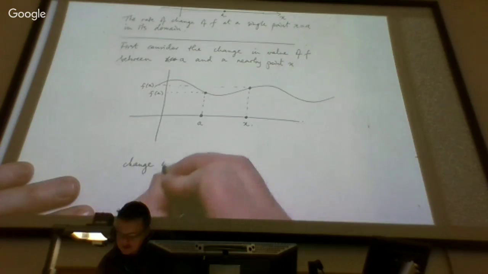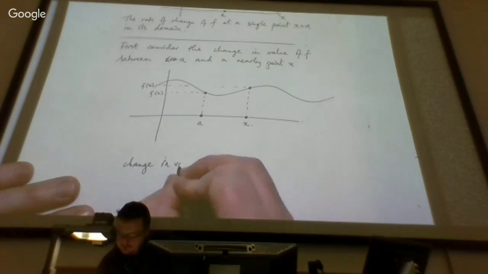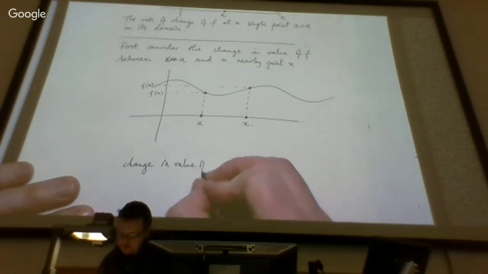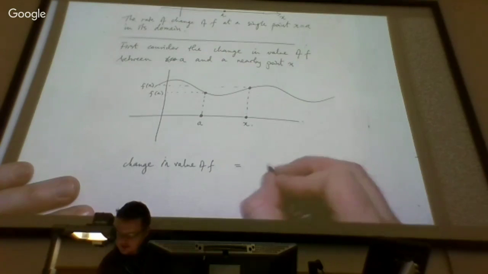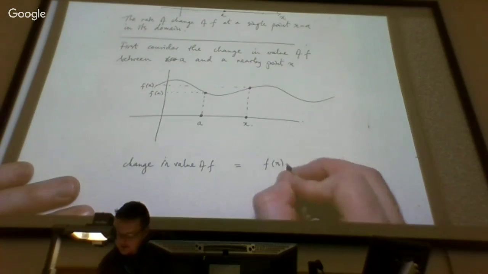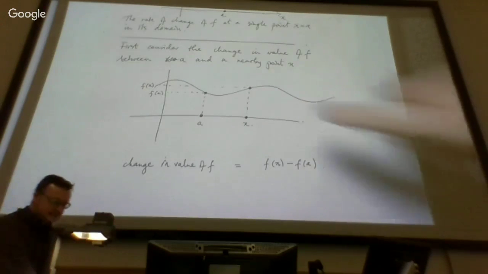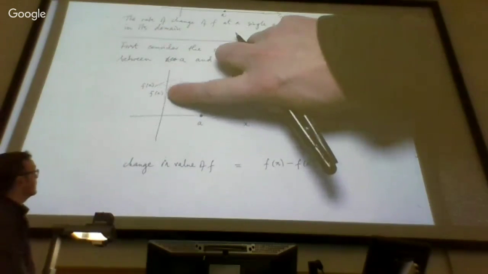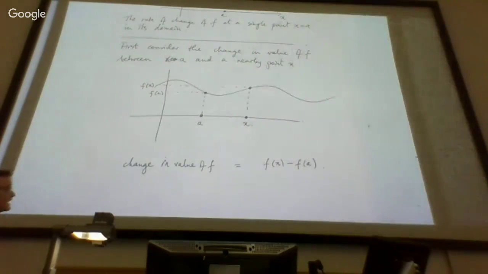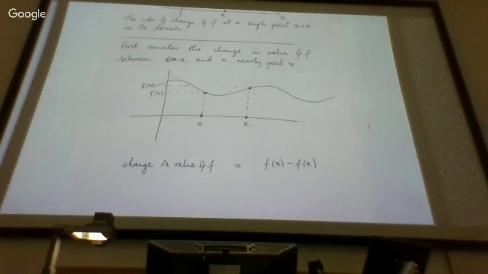So we can talk about the change in value of f, and that would be equal to this quantity f of x minus f of a. That's the distance between these 2 points on the y-axis.